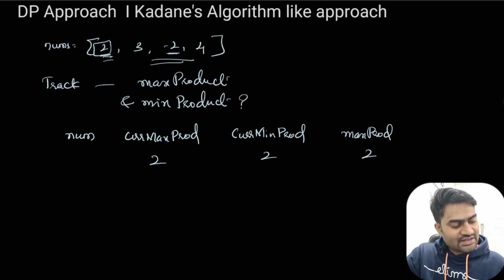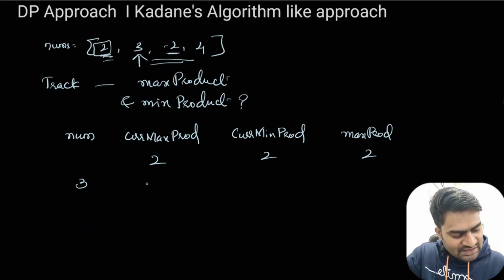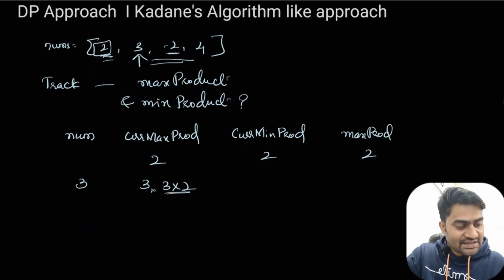Now with this initialization, let us start processing the elements. I will take my number, which is 3. Now you compare this number with the previous product multiplied by that number. So I will compare 3 and 3 into 2, which is 6. Whichever is maximum out of 3 and 6, I will take, so I will take 6 as my current max product.